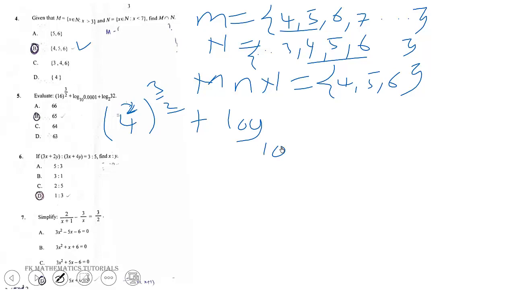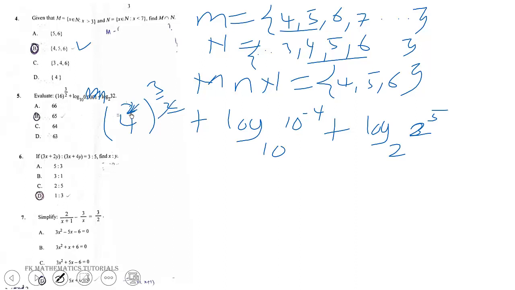So the 0.0001 is the same as 10 exponent negative 4. Because we have to move 1, 2, 3, 4. Negative, move forward 4 times, so negative 4. Then we have log 2. We express the 32 as base 2. So 2 exponent 5 will give you 32. So this will cancel this.